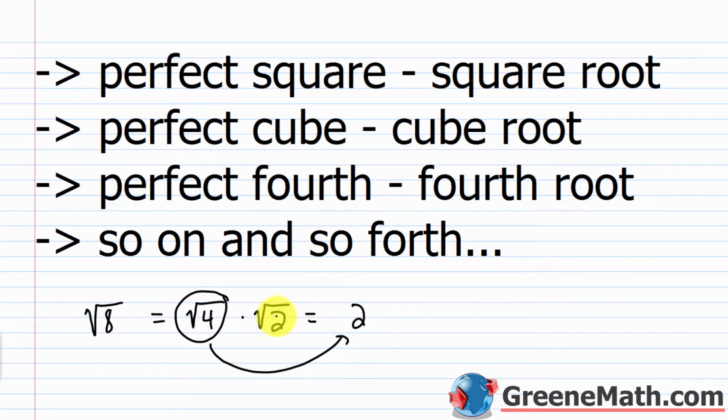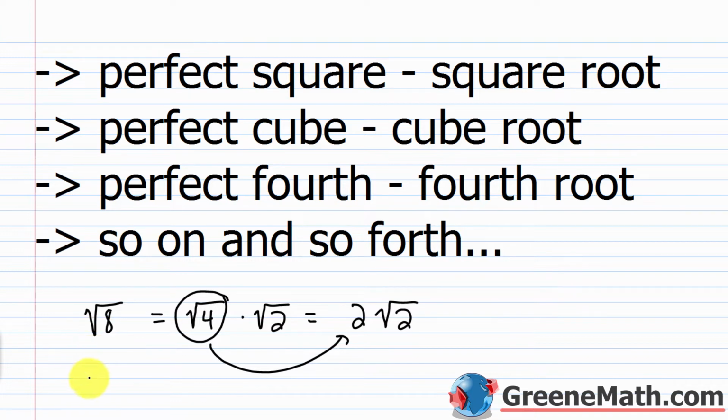So I'd have 2 times the square root of 2, which I can't simplify. There's no difference between 2 times the square root of 2 and the square root of 8 in terms of value. Punch them both in on a calculator, you get the same thing. But if you turn this in on a test, you're probably not going to get full credit because it's not considered simplified.